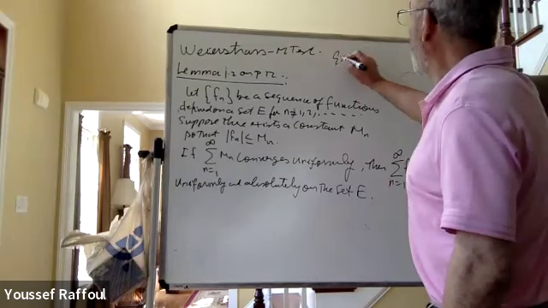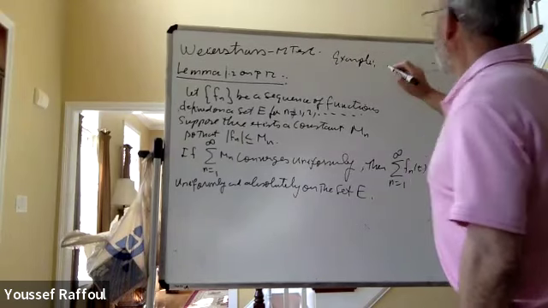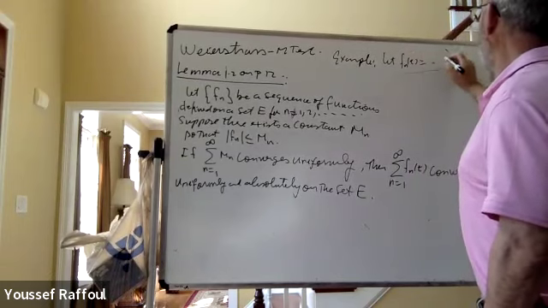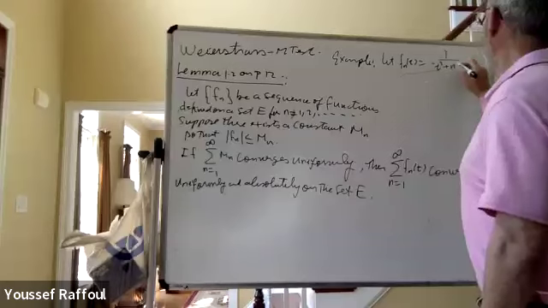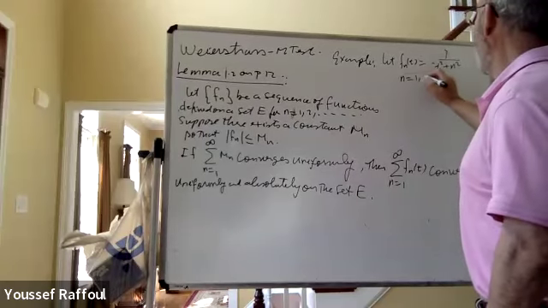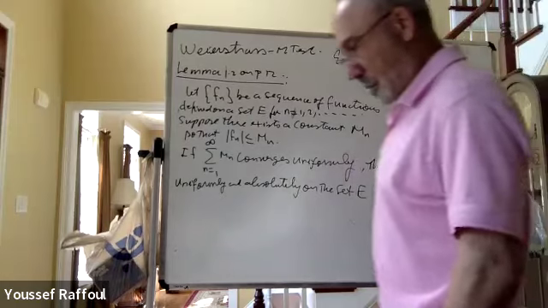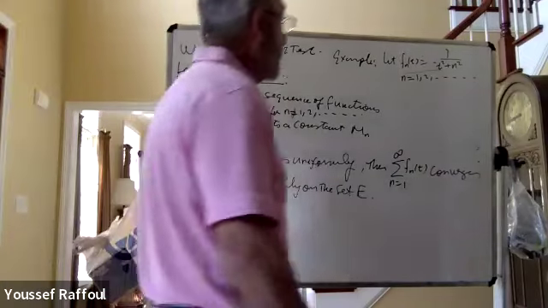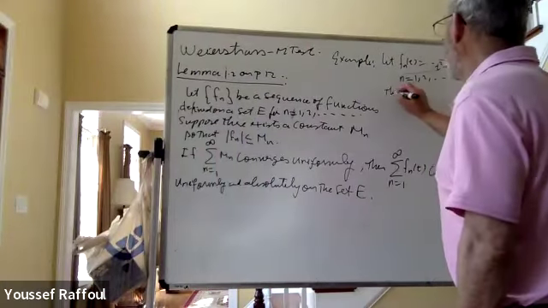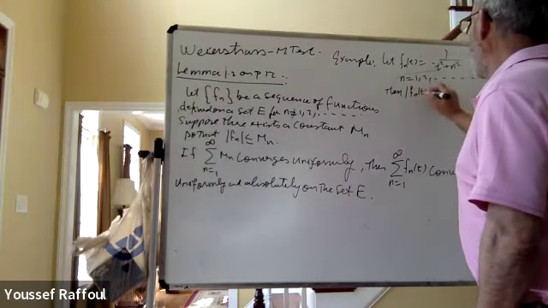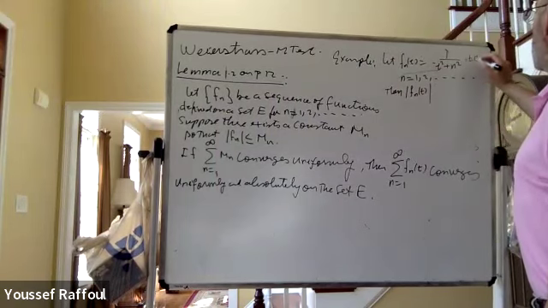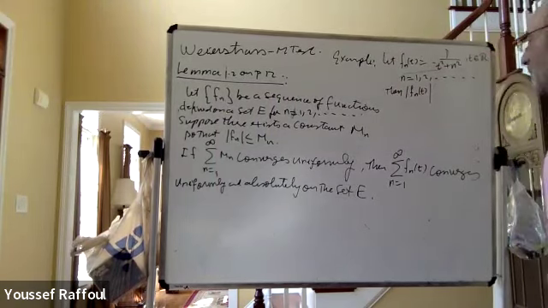So here's an example. Let Fn of t equal to 1 over t squared plus n squared for n equal 1, 2, and so forth. Correct? Then, let's say t is in R, in your real numbers.